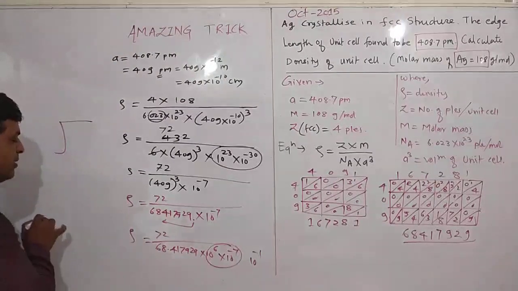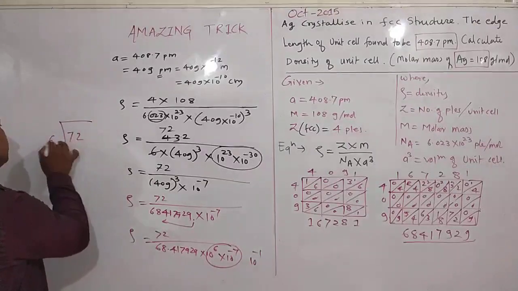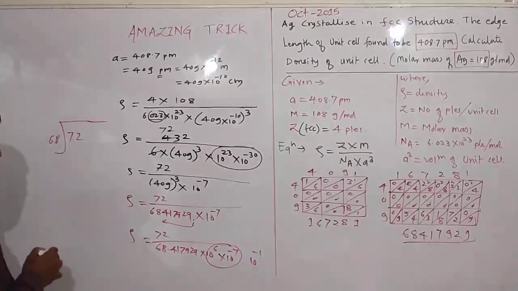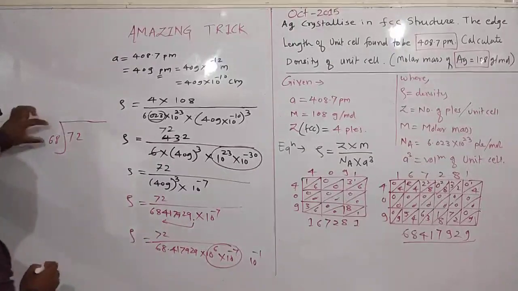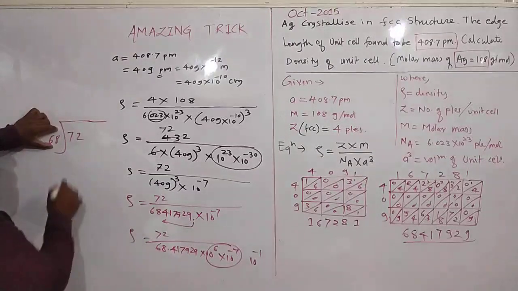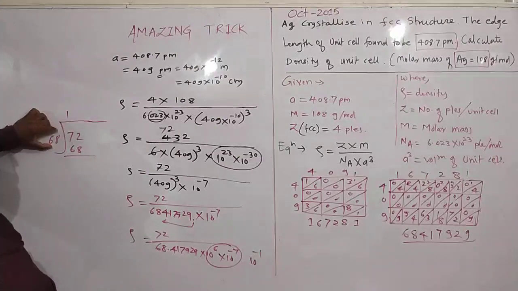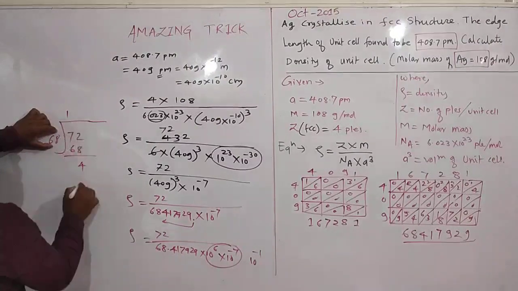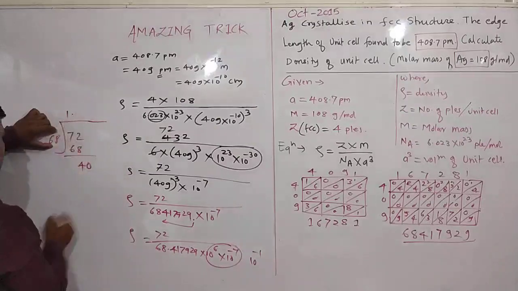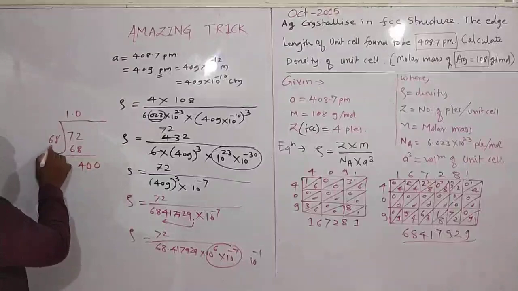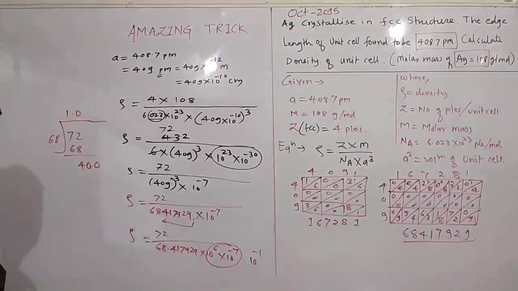How can we divide 72 by 68? 68 ones are 68, remaining is 4. 0 point, again 0, 0. So 68 and 400.